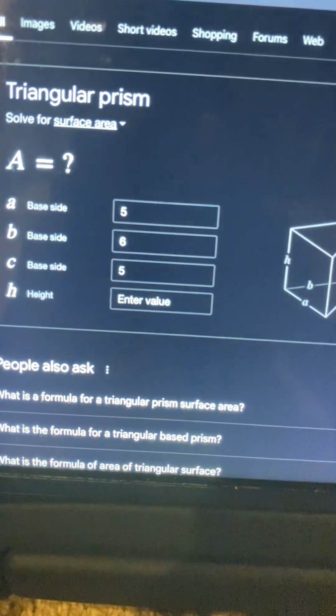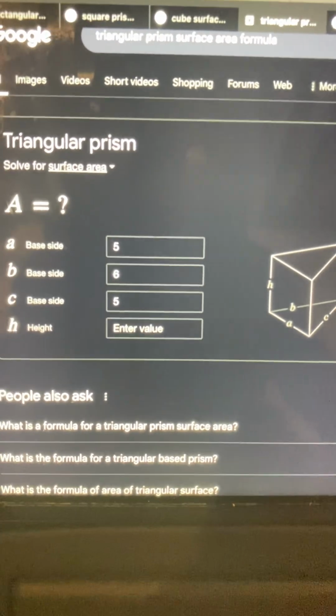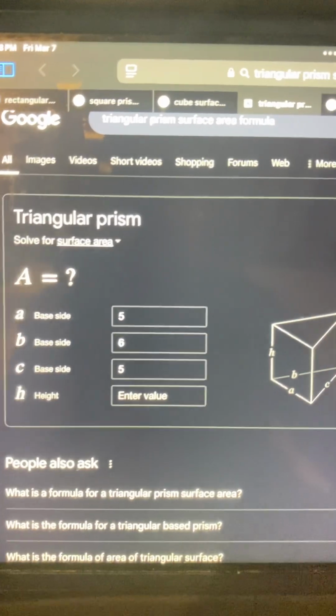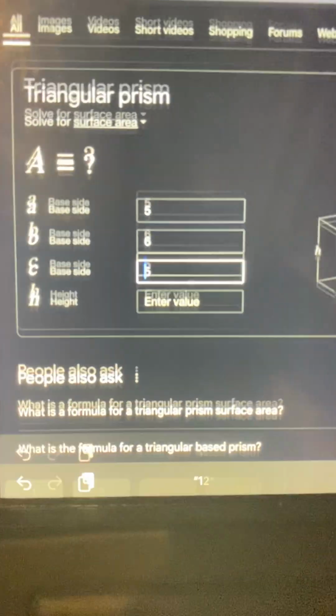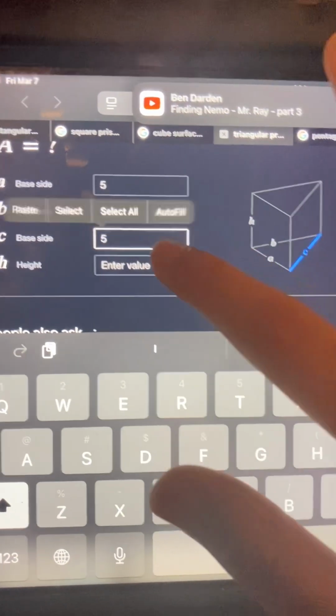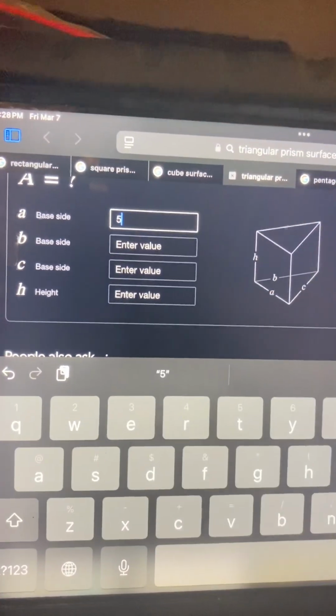We have to fill in missing values for A, B, C, and H in order to find out what the surface area formula is. So, let's erase these numbers because they were already filled in by me because I was experimenting with those to see if it actually worked, and it did.